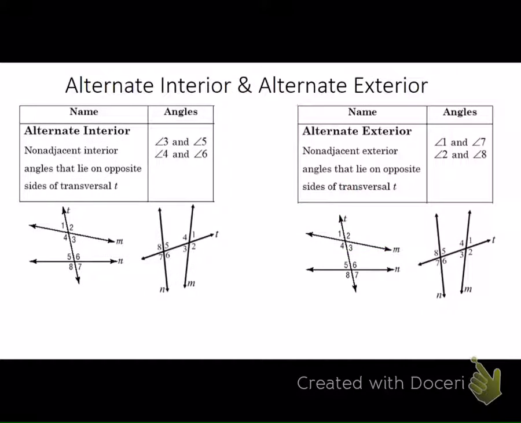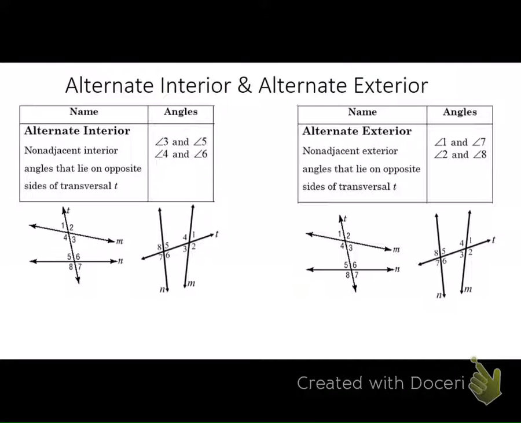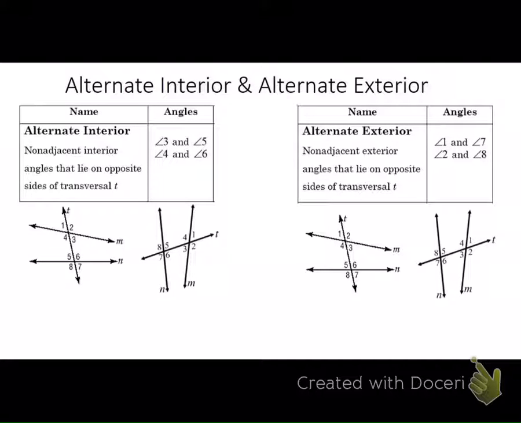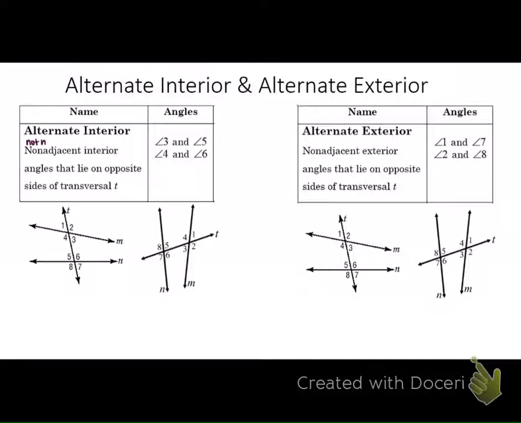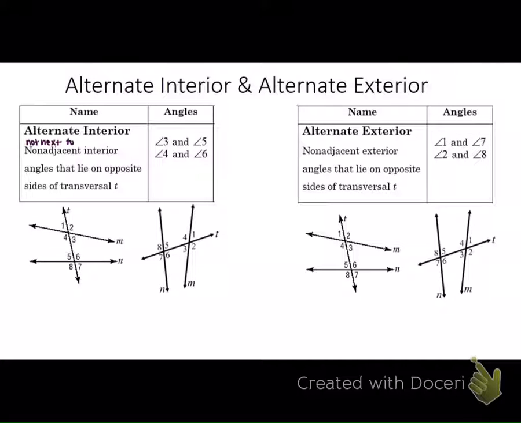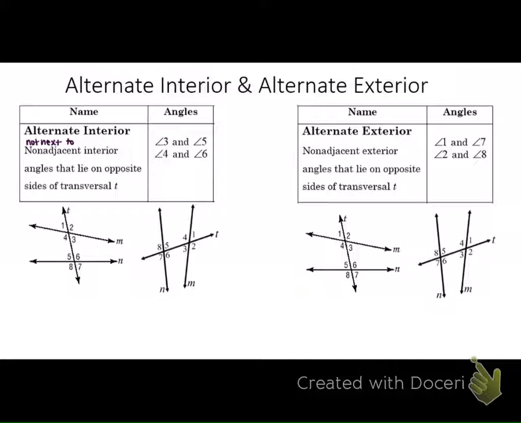All right, so here are your types of angles. You will need to use your notes on your homework. These are new words to you. Do you understand me? Alternate interior angles are non-adjacent, meaning they are not next to each other. They are interior angles that lie on opposite sides of the transversal.